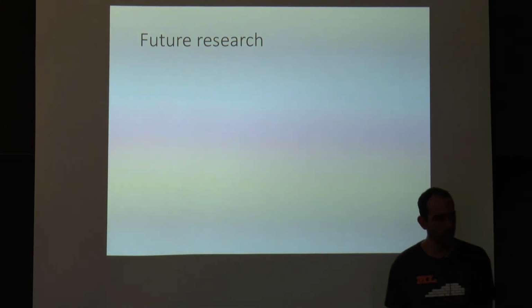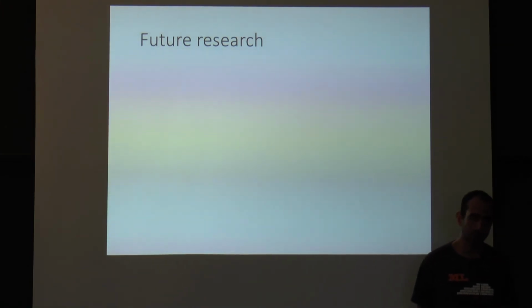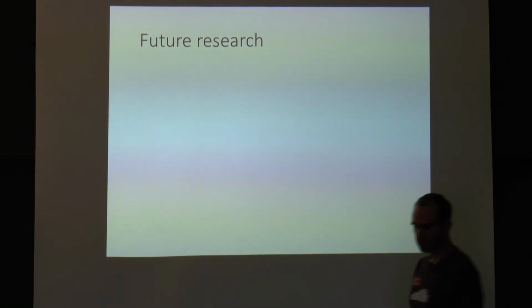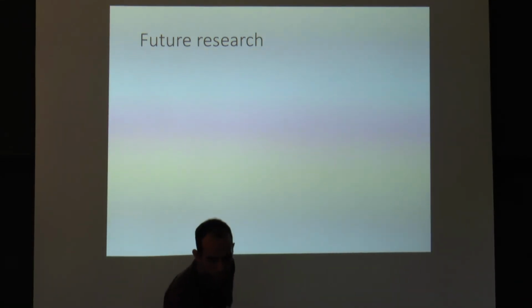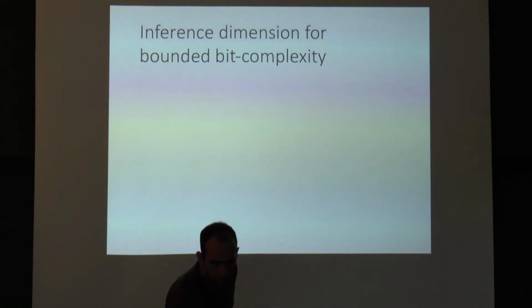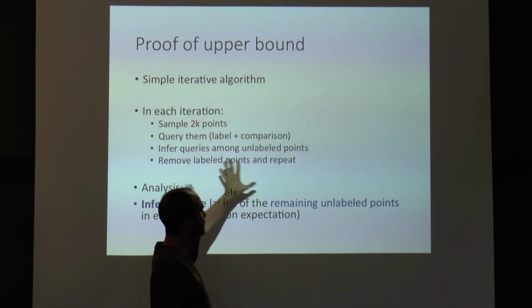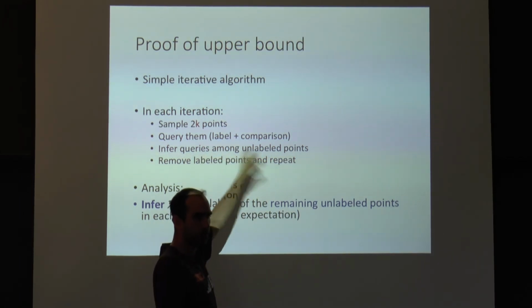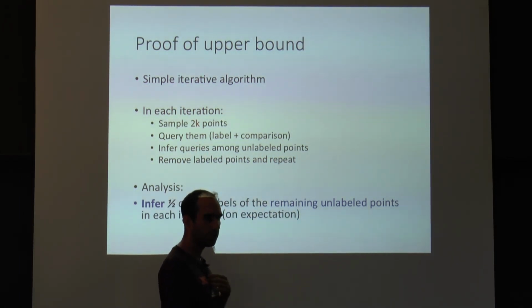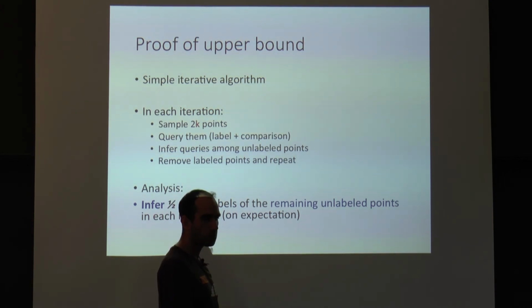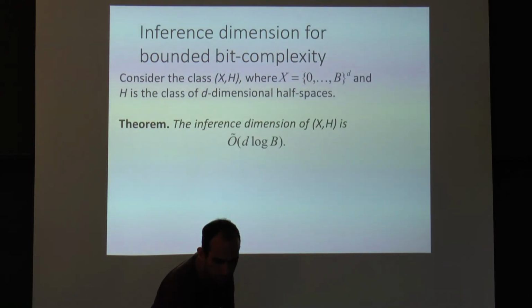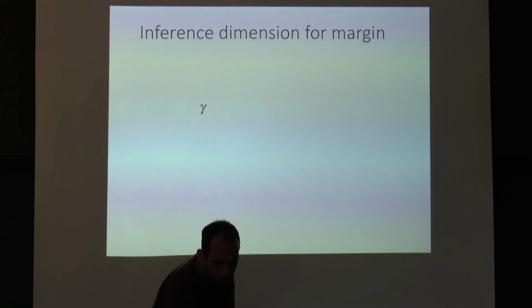Here the queries themselves are hyperplanes. Before, you have comparison. So the algorithm is this: we just assume that the inference dimension is k, and then we sample these 2k points. And comparison can be implemented by... can you go to the slide with the application? Is it this one?